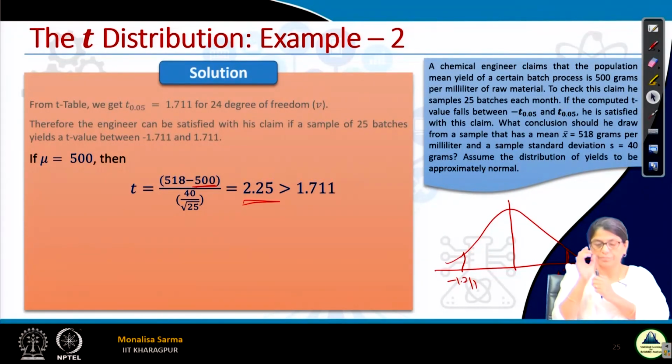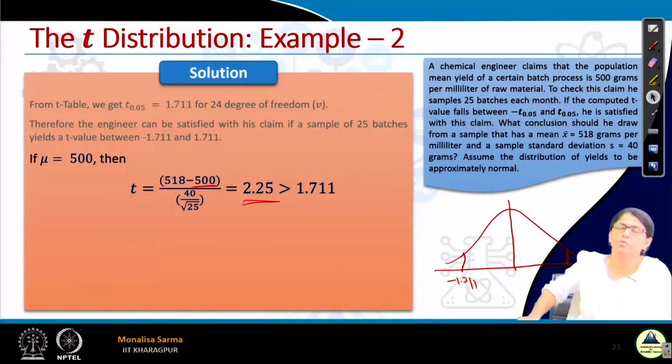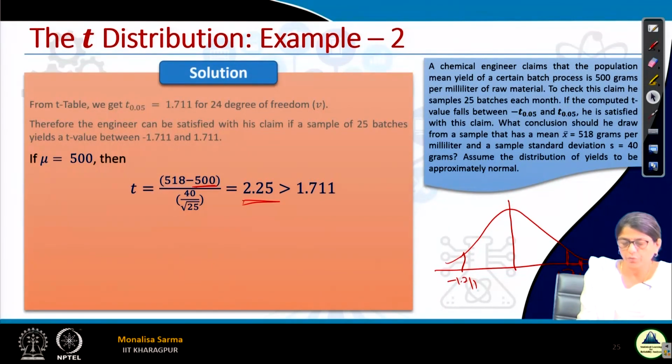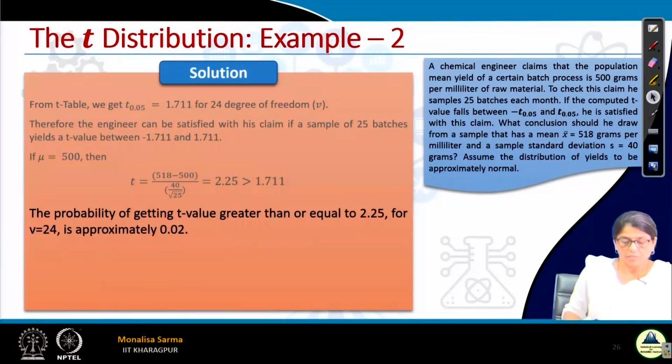Okay, so now you can see that if that is not correct, what may be the probable values instead of 500? I got a value of 2.25. I would have got a value lesser than 1.711 if, instead of 500, this value had been more. First, the probability of getting a t value greater than 2.25 for this is approximately 0.02, a very remote probability.